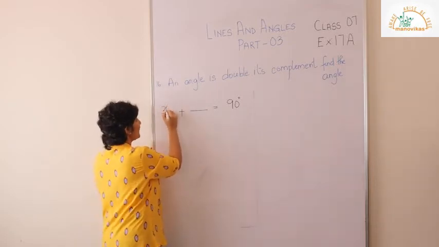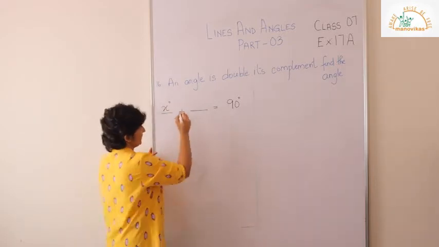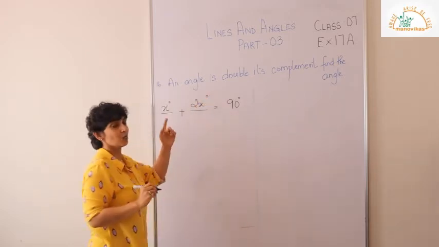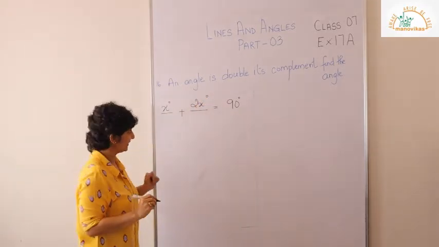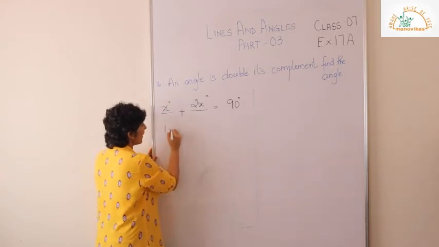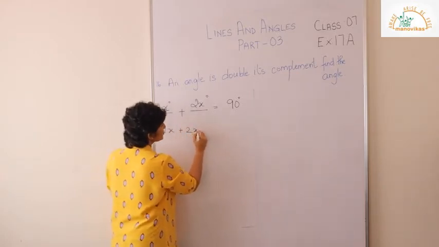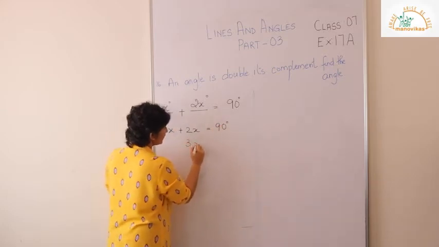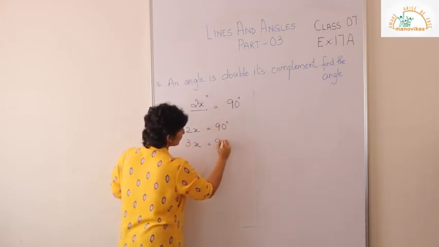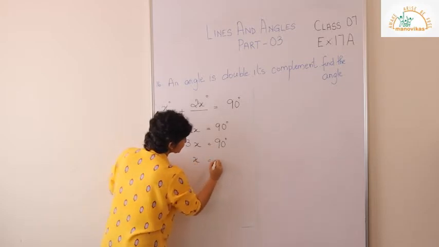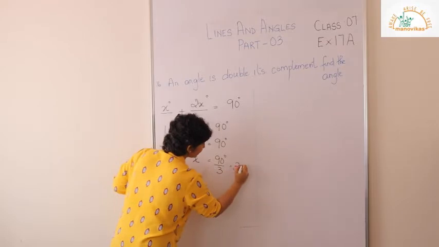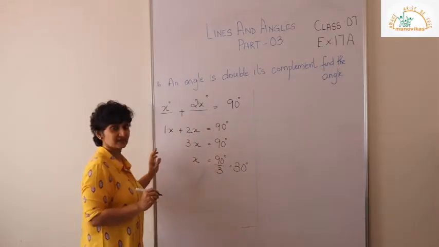It means if one angle is x degrees, then the other angle is double, so that's 2x degrees. So I have 1x plus 2x is equal to 90 degrees. So 3x is equal to 90 degrees. x is equal to 90 upon 3, so that is going to be 30 degrees, correct?